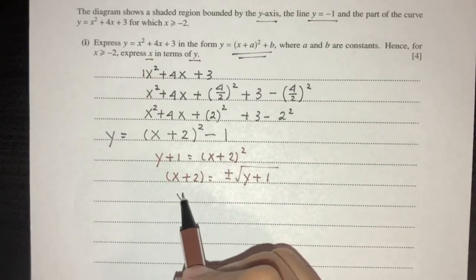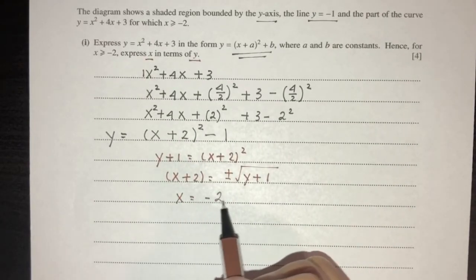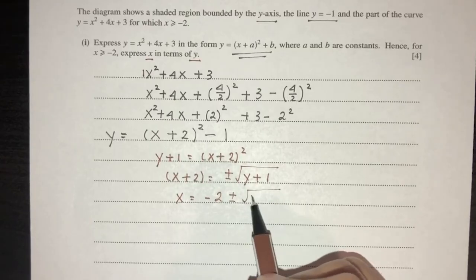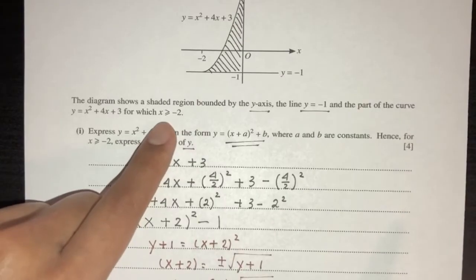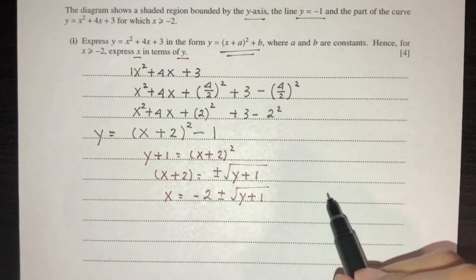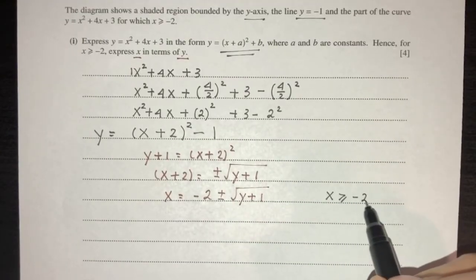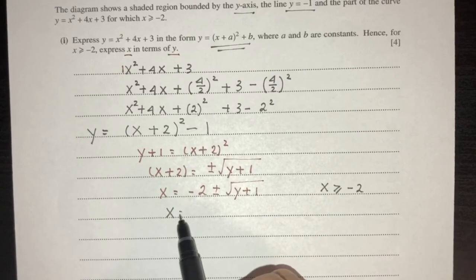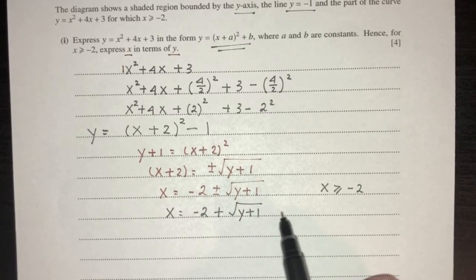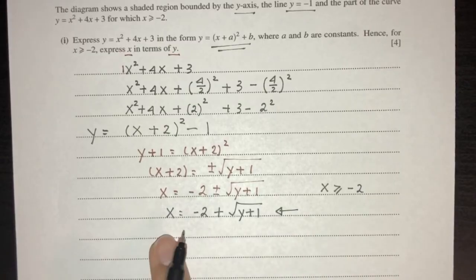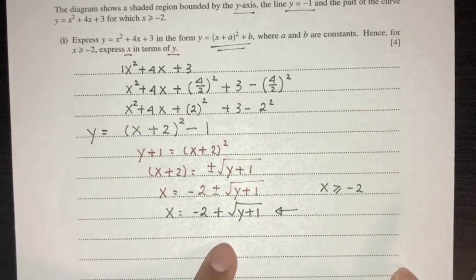Now moving forward, x is equal to minus 2 plus minus the square root of y plus 1. But now you can see that x has to be more than minus 2. Because of that, we have x equal to minus 2 plus the square root of y plus 1. And that will be your answer for part 1, expressing x in terms of y.